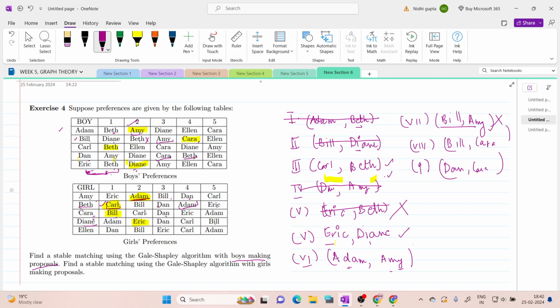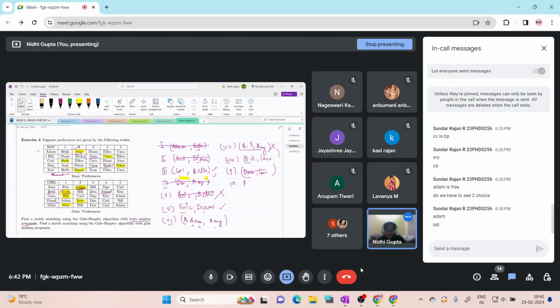So Dan and Beth won't be engaged either. So the last option is Dan and Ellen. So we see that this is the stable men oriented matching.